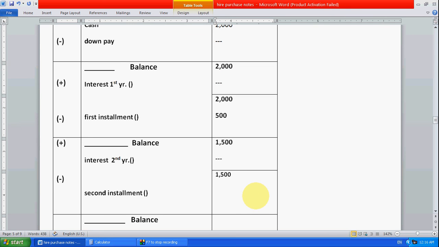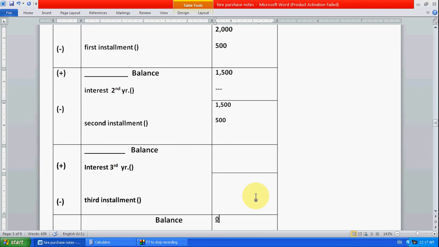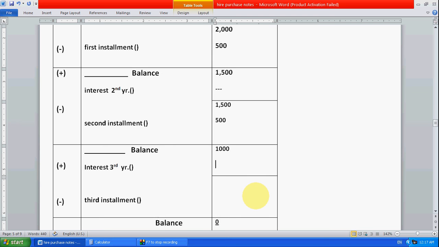So the second installment we have to pay is 500. After paying 500, we have 1000 remaining. So interest is completely nil, and the balance is the same, 1000.